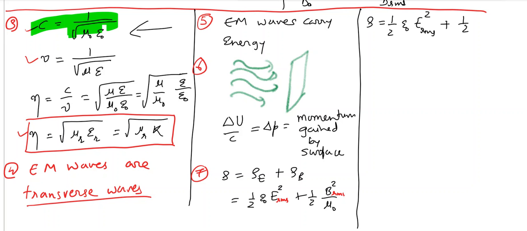C square is equal to 1 by mu 0 epsilon 0, and if I take epsilon 0 to the other side, I'll have 1 by mu 0 is epsilon 0 C square. So I can write here epsilon 0 C square. Is that okay?